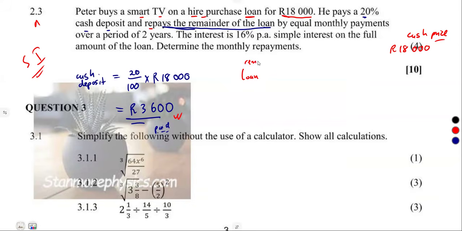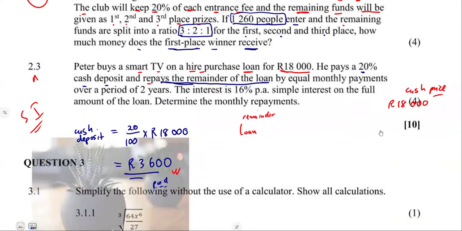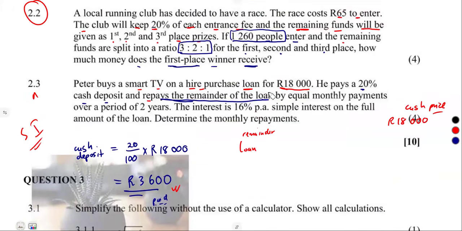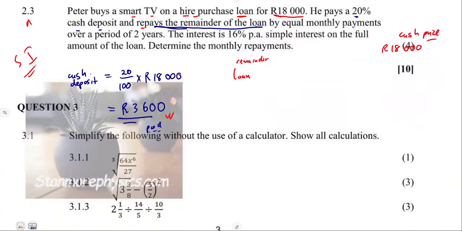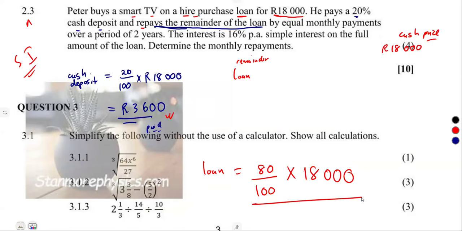This one is the remainder, which we could have just worked out by applying 80%, just like the previous case where they kept 20% and you calculated the remaining one using 80%. We could have done the same way to say the remaining, which is our loan, is simply 80 over 100 times 18,000. You could have just calculated this way.